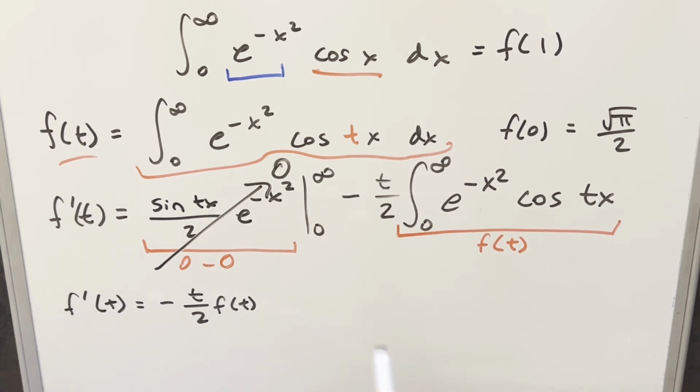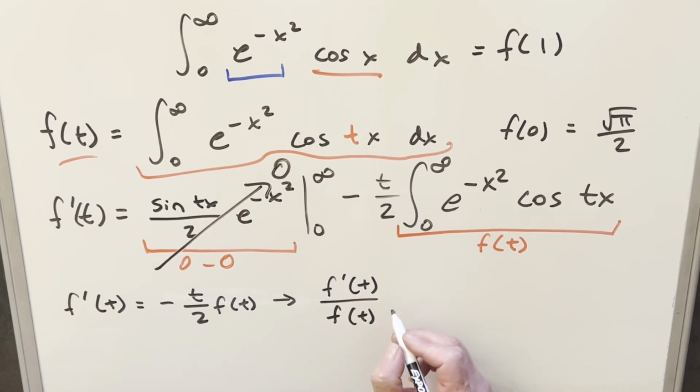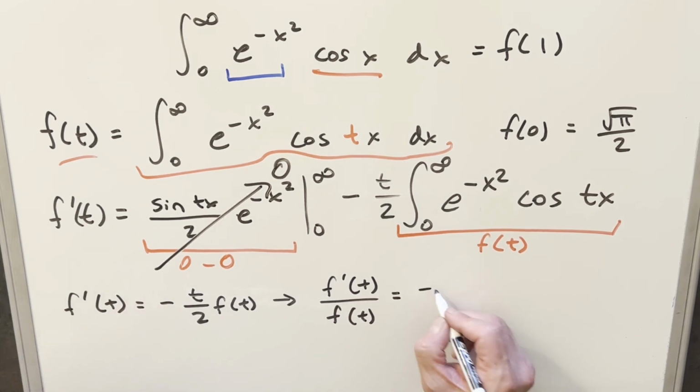I think what I'm going to do is, let's just do this out really quick. I'm not going to get into too many details with the separable differential equation, but if I divide by f of t on both sides, we can write this as f prime of t over f of t, and this is just going to be equal to minus t over 2. So normally if we were doing out the differential equation, we'd write this as dy over dt and have dy over y. I'm just going to leave it this way to save a step.